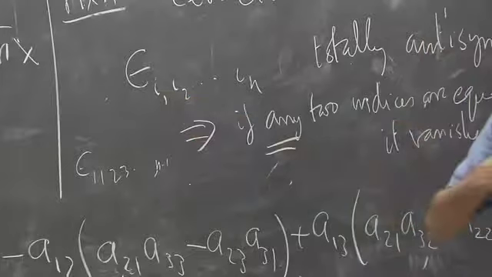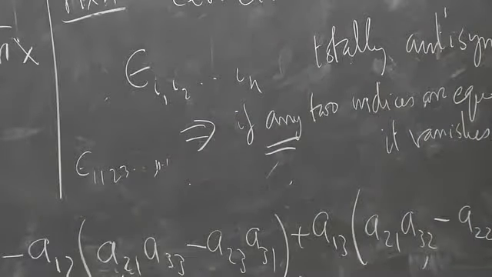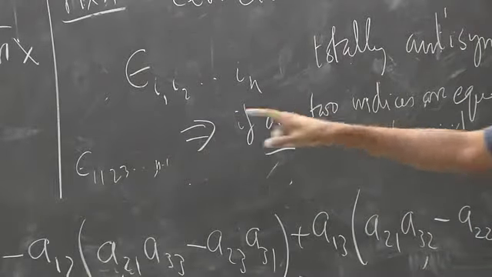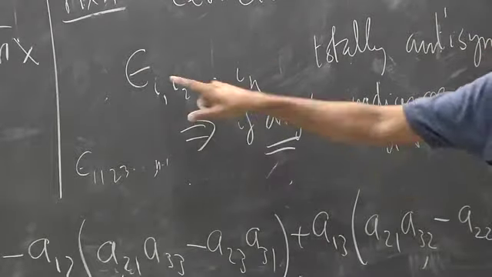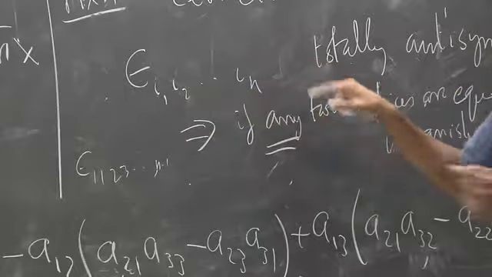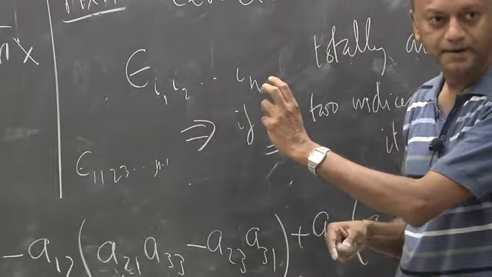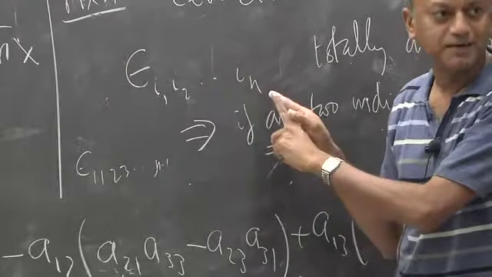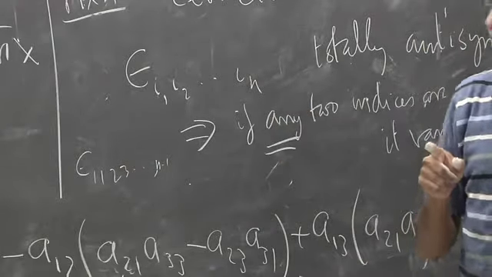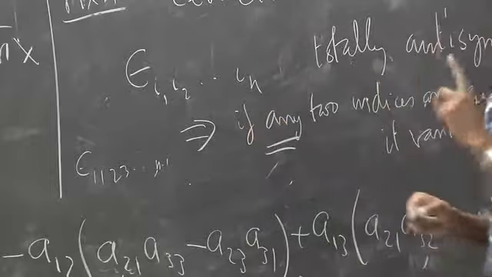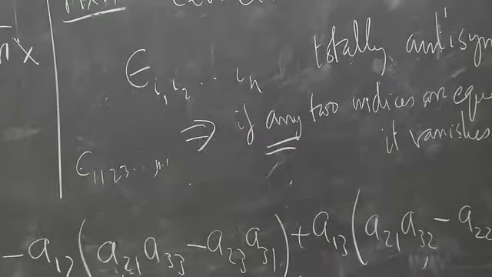But all of these are taking values from 1 to n, right? So the only way that can happen is if each of these numbers appears inside here, 1, 2, 3, not in the same sequence necessarily, right? But every number must appear once and only once, right?